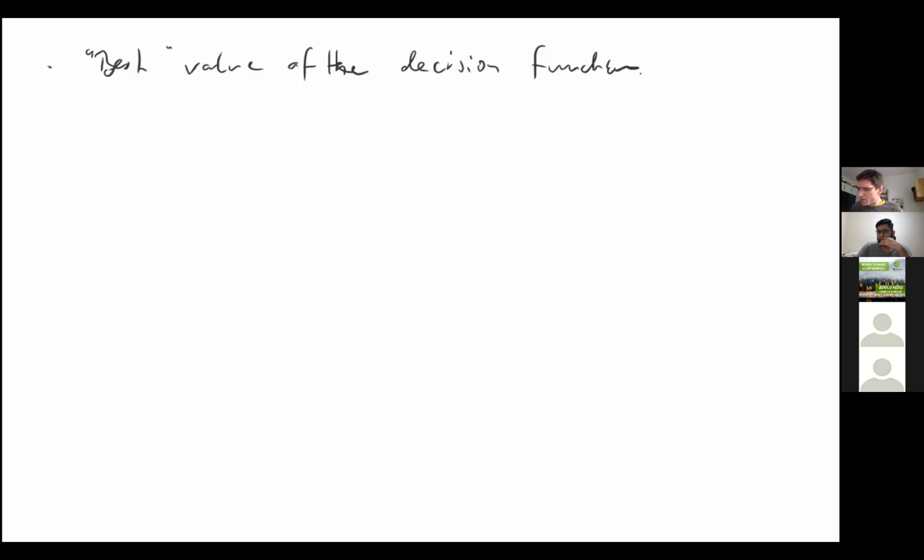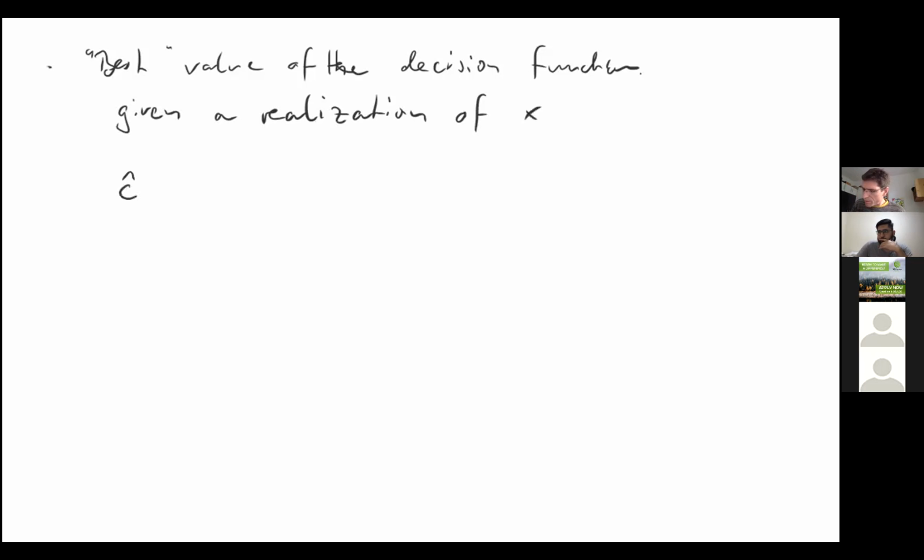So the best value of the decision function given a realization of x. And that means that we want to minimize, right?